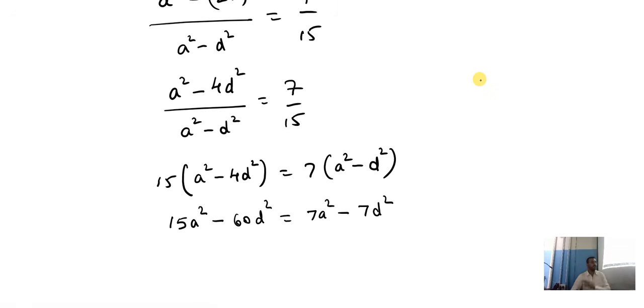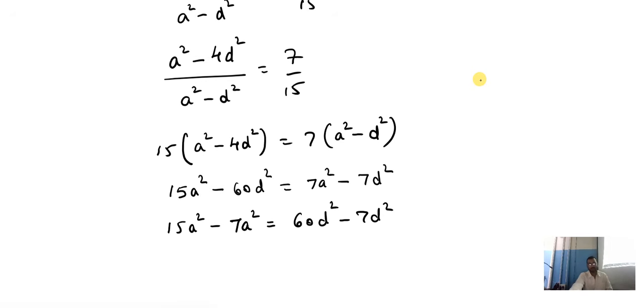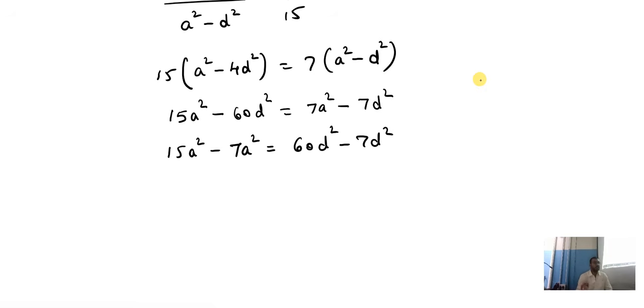Can we take the A terms to one side and the D terms to the other side? Then 15A square minus 7A square is equal to 60D square minus 7D square. That is 15 minus 7, 8A square, and 60 minus 7, 53D square. Am I right?